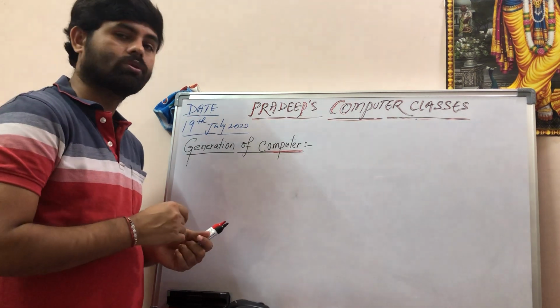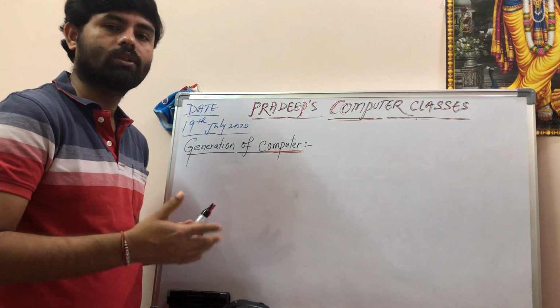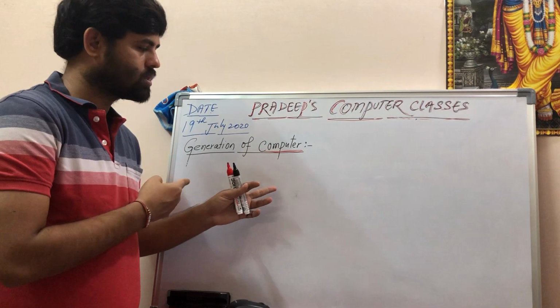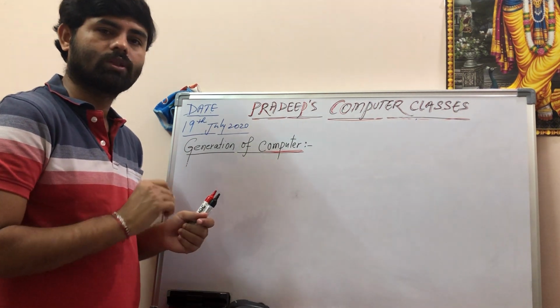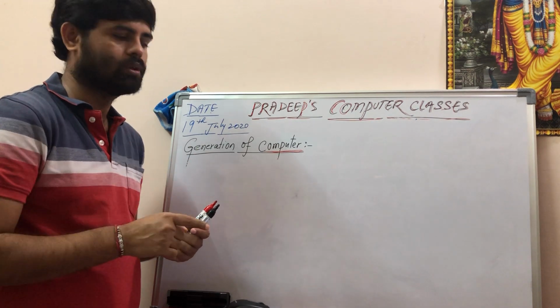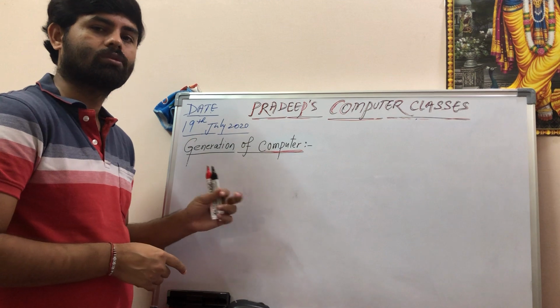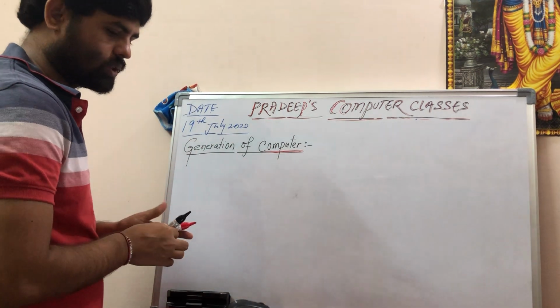And you can also ask in which generation we are, meaning which generation of computer we are working with as of now. Every question's answer will be there. I will first write the points of the first generation computer and then explain, and similarly for the second, third, fourth and fifth generations. So let me write the first generation of computer.